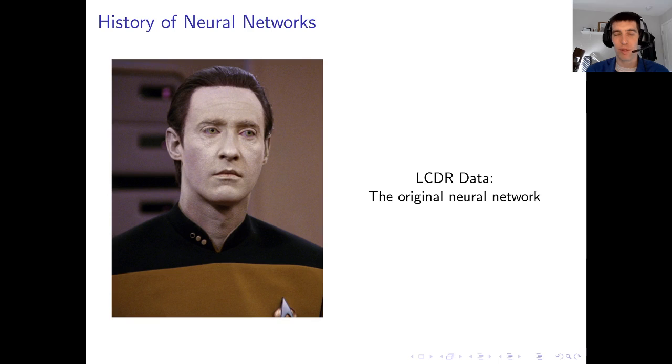The Next Generation, this Star Trek series, was recorded in the late 80s. Why is Data talking about neural networks if we have the impression that they're a modern tool? The fact is that neural networks have been around since the late 80s, but because of hardware limitations and also just the way the field went at the time, they weren't used practically until starting in 2012.